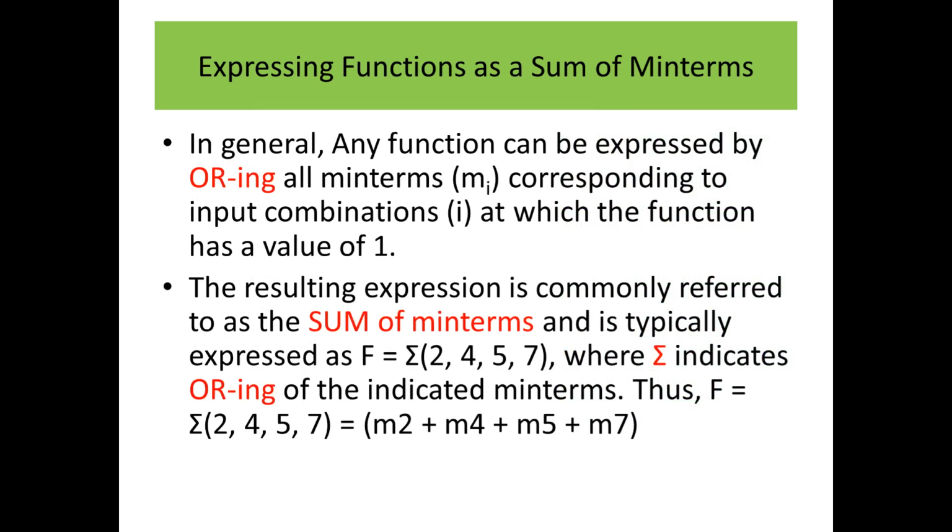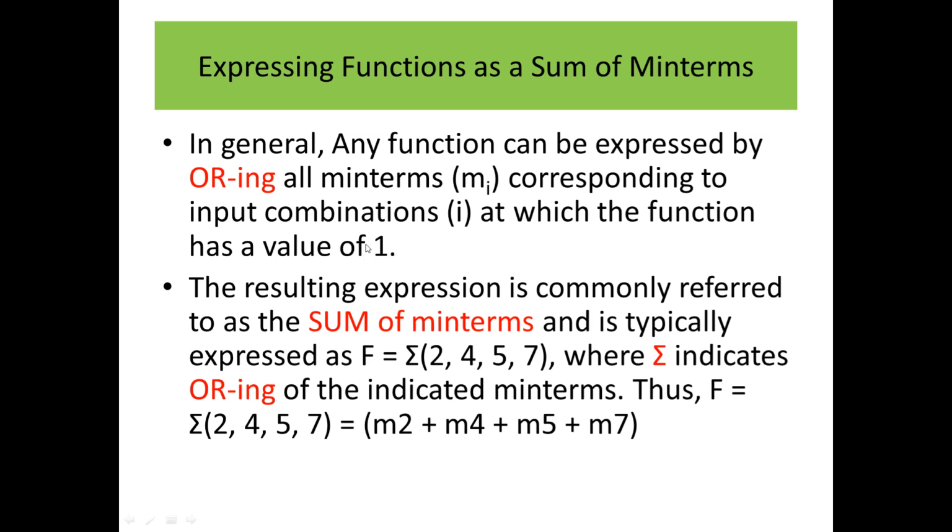Next, expressing functions as a sum of minterms. In general, any function can be expressed by ORing all minterms corresponding to input combinations at which the function is having value of 1. In the earlier slide, we had seen that wherever f is equal to 1, that particular row you have to consider and write it in the f function.